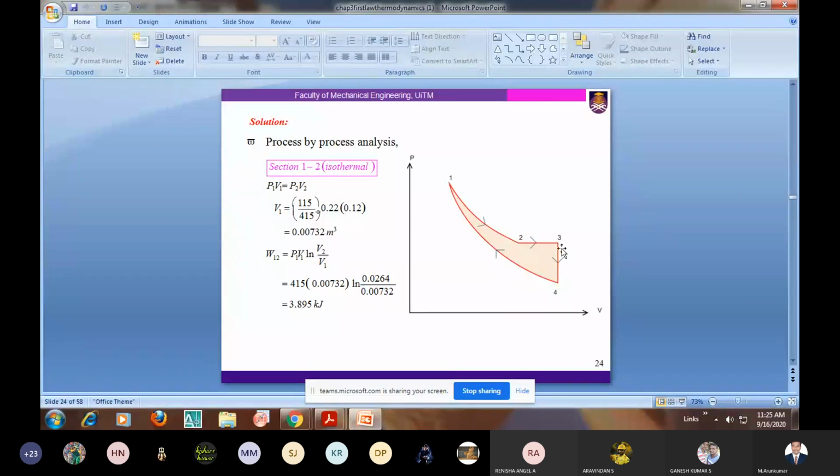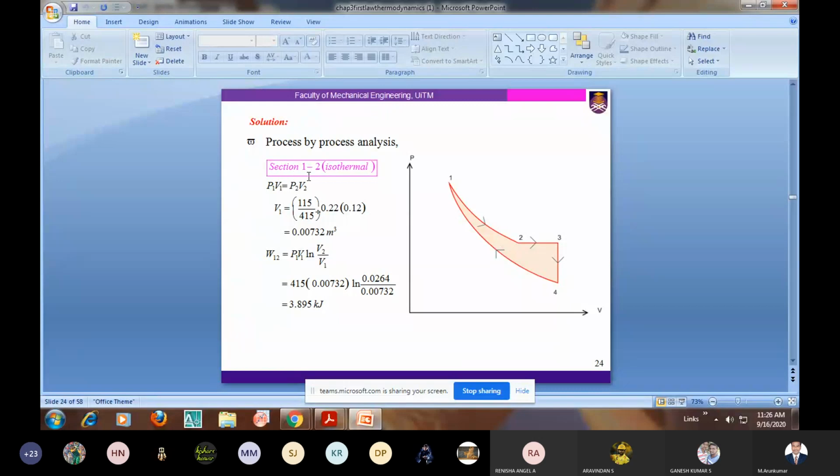Then the second process is an isochoric process. Then we have an isobaric process, then an isochoric process, then a polytropic process. So four processes happened. So we can try to get the properties of all the states, right?